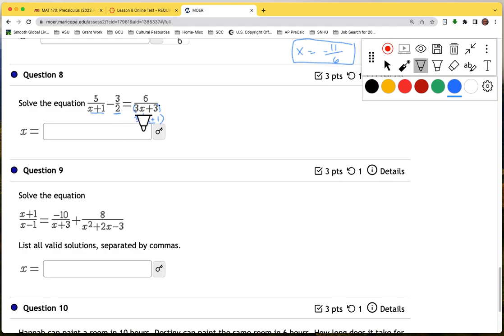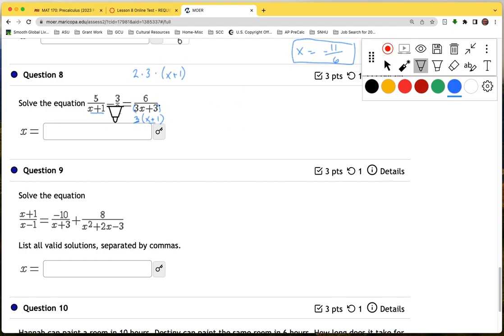We see a 2 and we see a 3. So we need to multiply. The common denominator is going to be 2 times 3 times x plus 1, or 6 times x plus 1. We're going to leave it this way, just to make it a little easier.